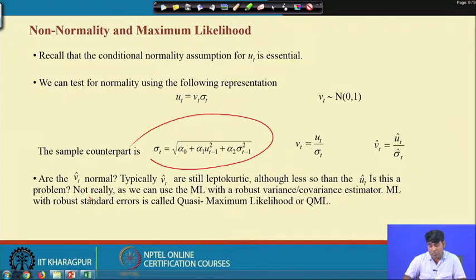As a result, v t equals simply u t by sigma t, and hence the estimate of v t will be the estimate of u t divided by the estimate of sigma t.